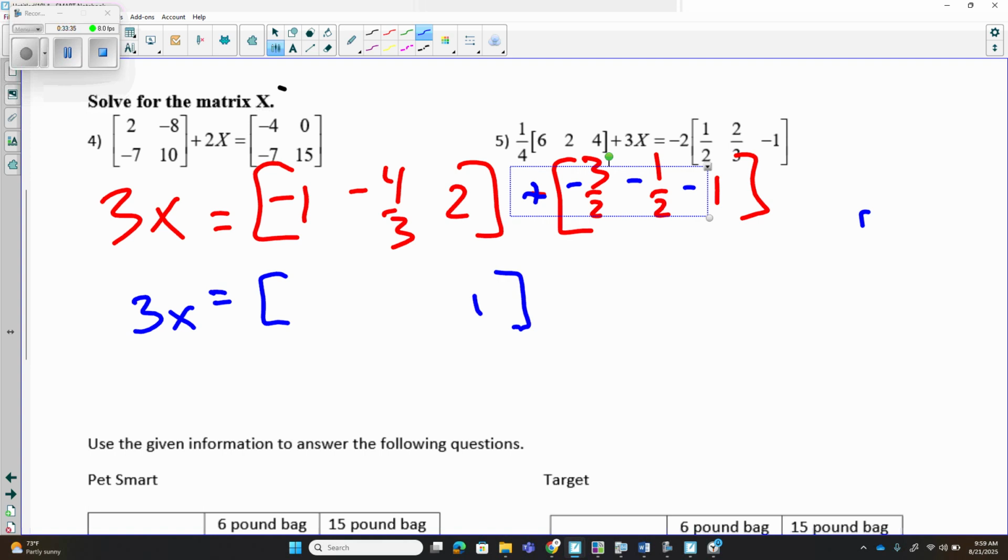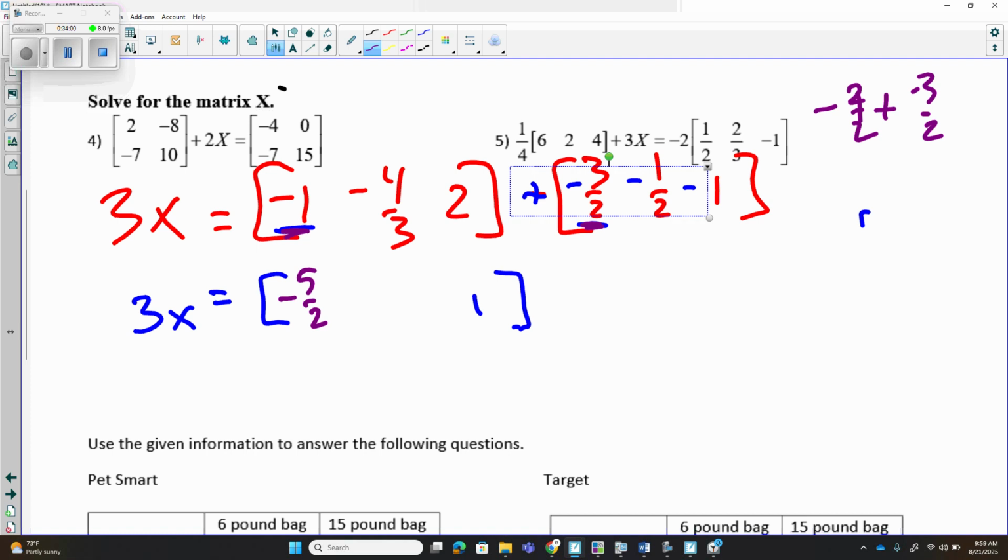Now, the very first element, this -1 and this -3 over 2. So -1 plus -3 over 2. Anybody know what that's going to end up being? Negative. So that's going to turn into 2 over 2, which is? Correct.